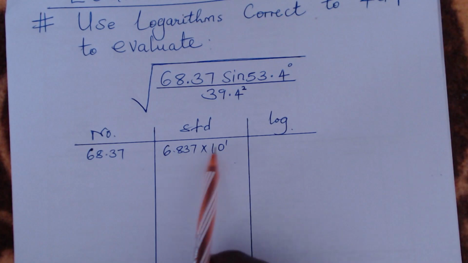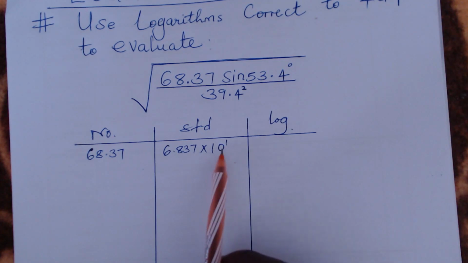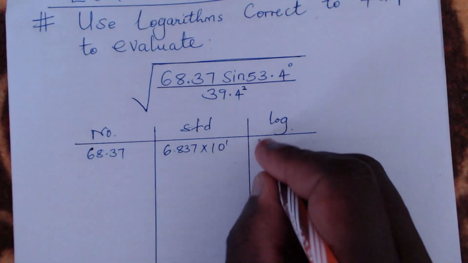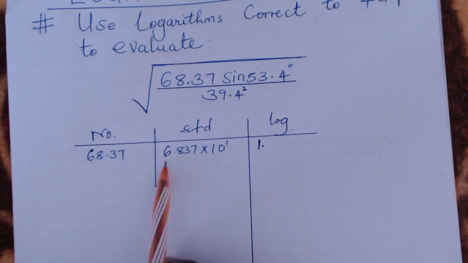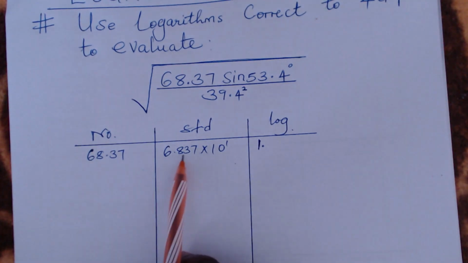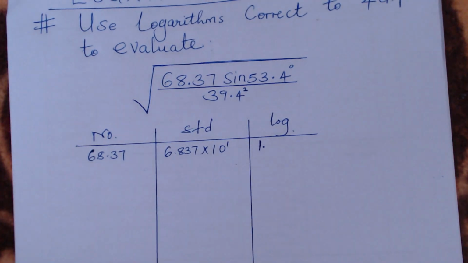This is what you're going to get used to get logarithms. So we get the logarithm of 10 raised to power 1 would be 1. Then logarithm of 6.837. You can use the logarithms from the tables, 4-figure mathematical tables, or logarithms from the calculator. I'll use logarithms from the calculator.